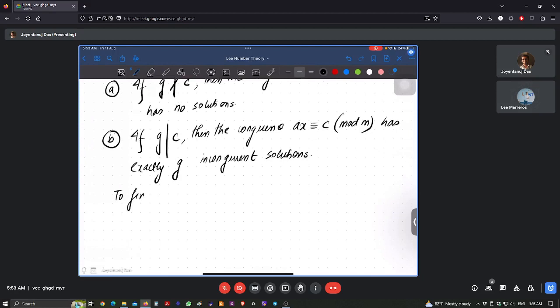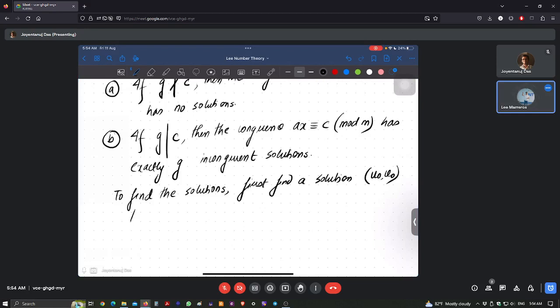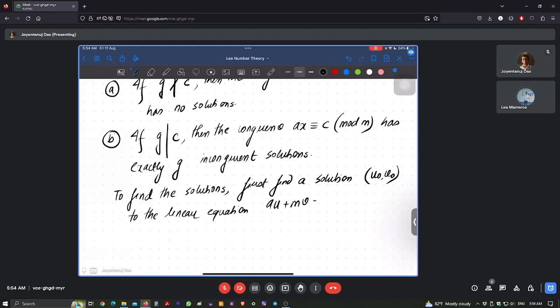To find the solutions, first find a solution u0, v0 to the linear equation au plus mv equals g.